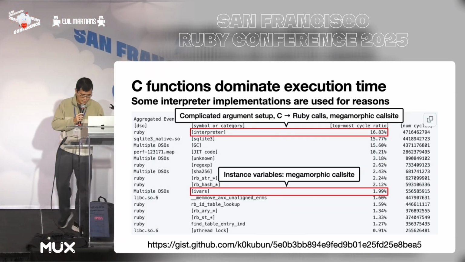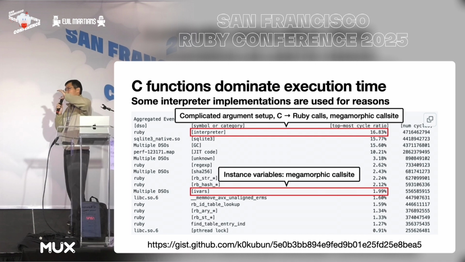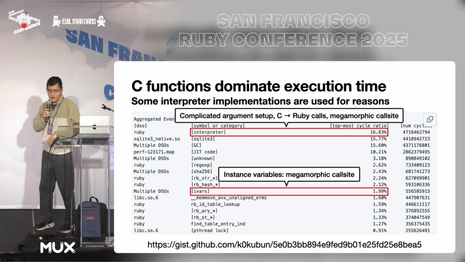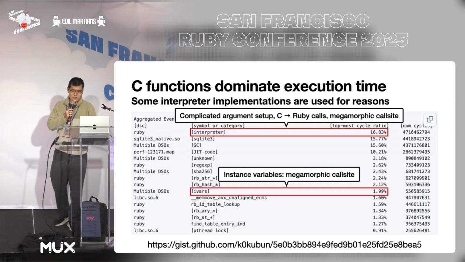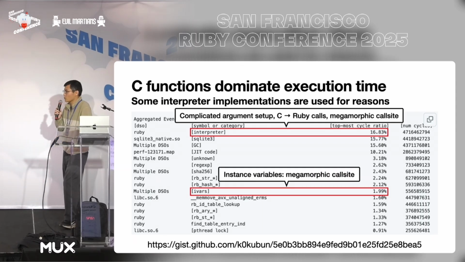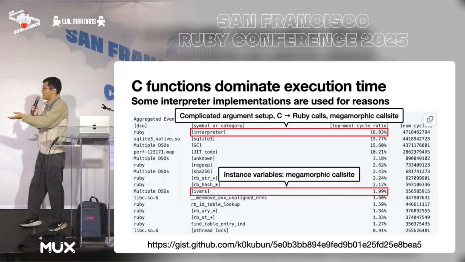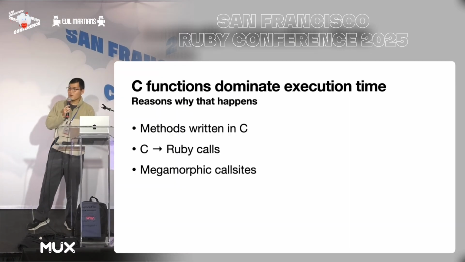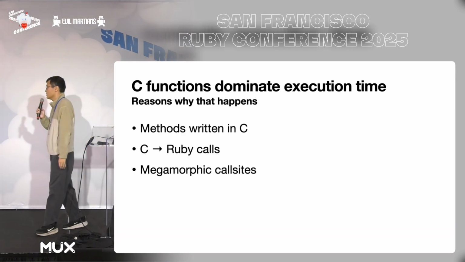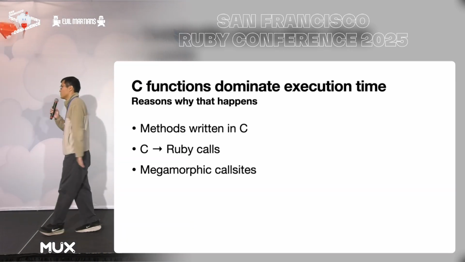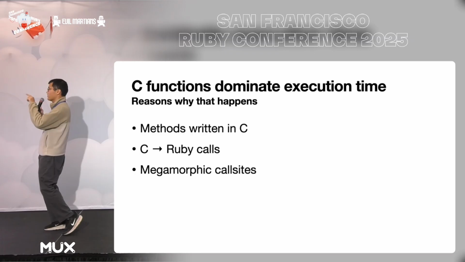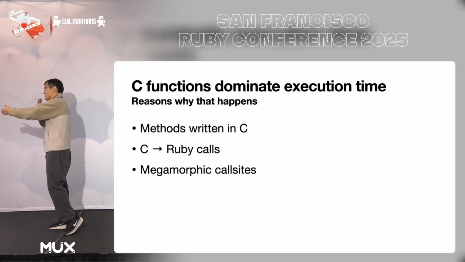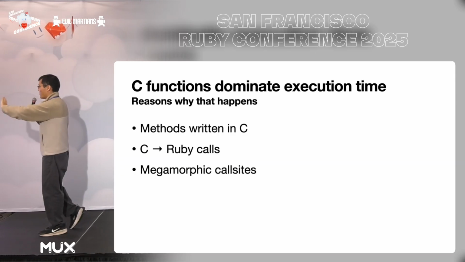So if you have a C frame somewhere in the middle of the stack, that makes it harder for the JIT to optimize the Ruby code and also makes it slower to just call into the Ruby frame. So we encourage people to not write a C extension or Rust extension or Go extension if you need to call back into the Ruby code. If it's just a binding that never calls back to Ruby, that's fine.